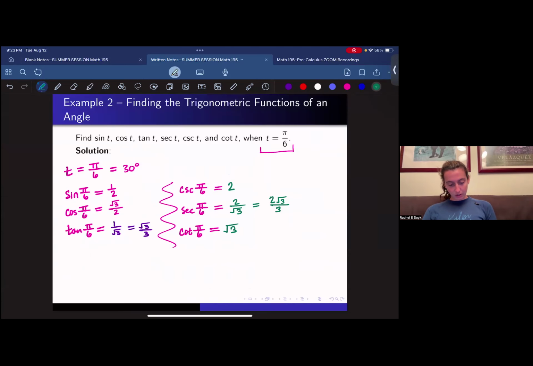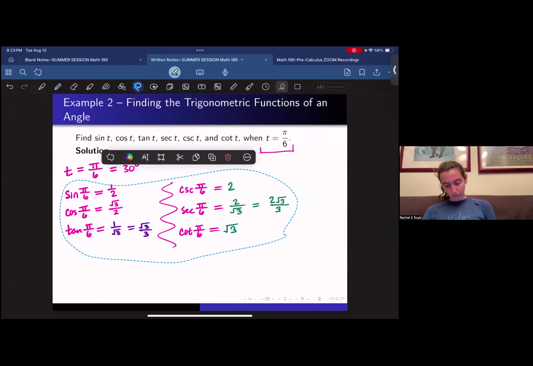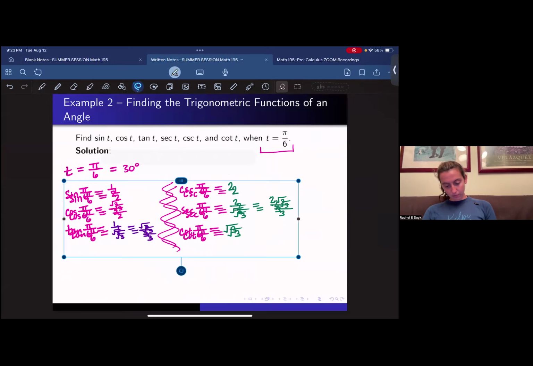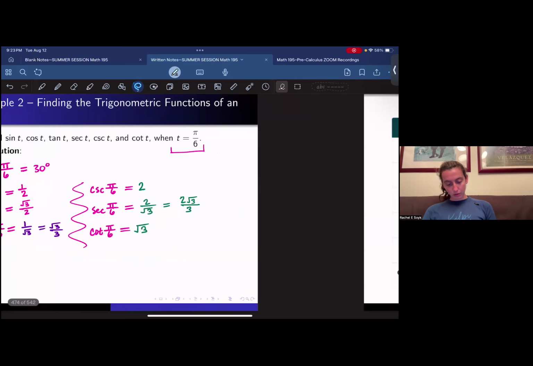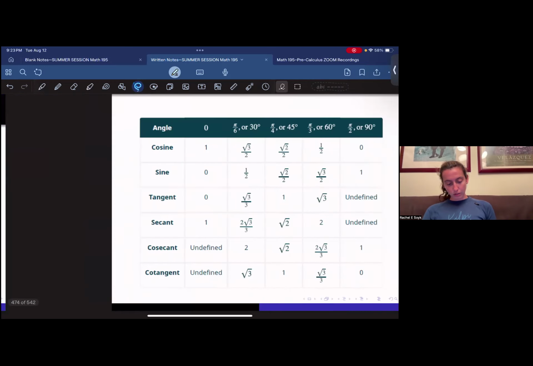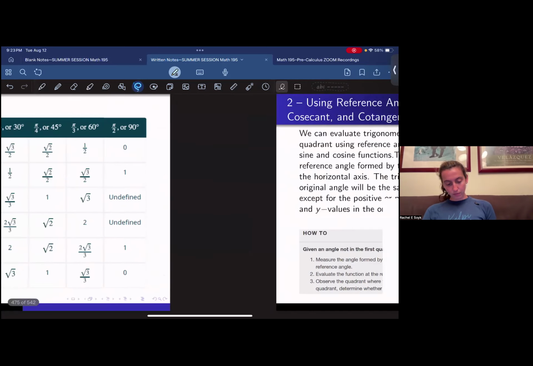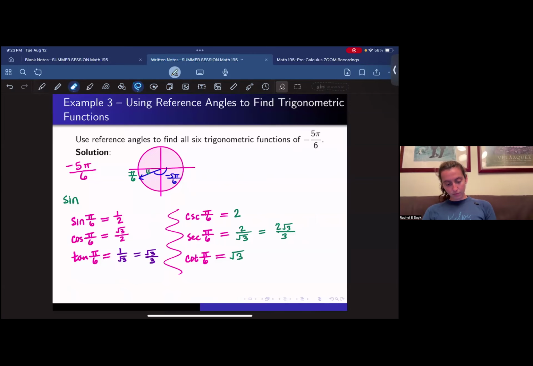So I'm just going to take all of this and then I am going to move it over to save time. And then we also need to utilize our acronym, all students take calculus.